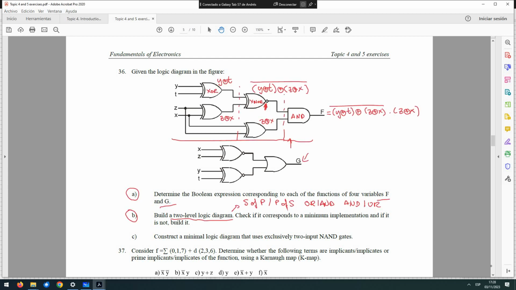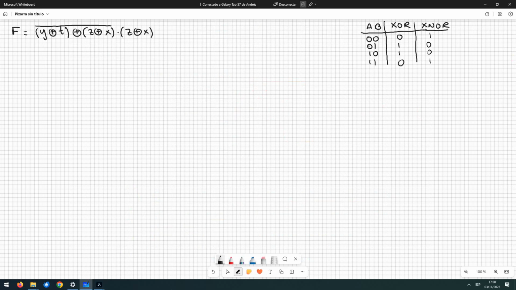So we have to algebraically manipulate the function to obtain a sum of products or a product of sums. So here we have the function that we have just obtained, and we are going to remember the operation of the XOR gate and the XNOR gate, because we need the function of this operation just in a normalized way, as a sum of products or as a product of sums.